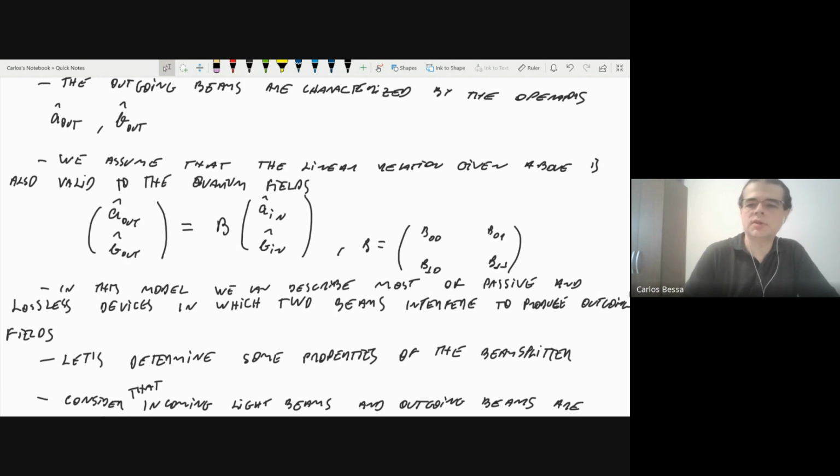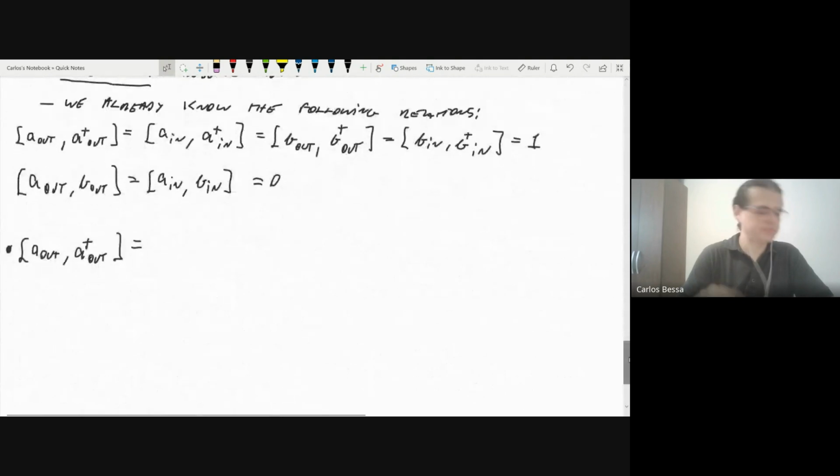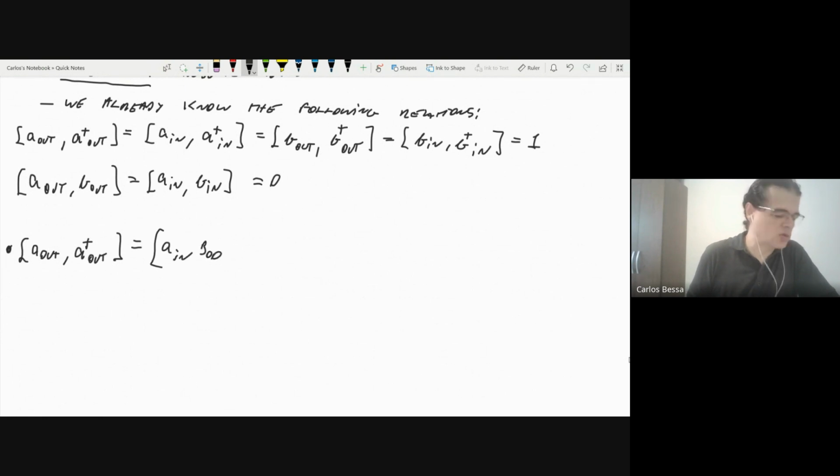If we do that, we'll find A out will be just A in times the component B00, plus B in times B01.